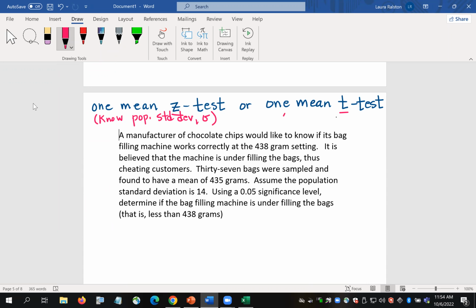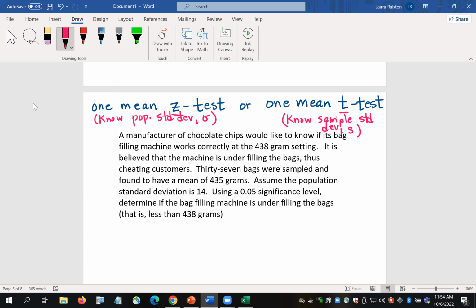We tend to use the 1 mean t-test when we know the sample standard deviation, which is S. Now, sometimes we also consider the sample size and whether or not we know the distribution is normally distributed.